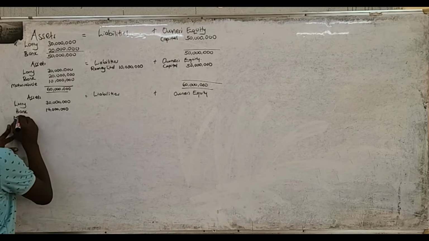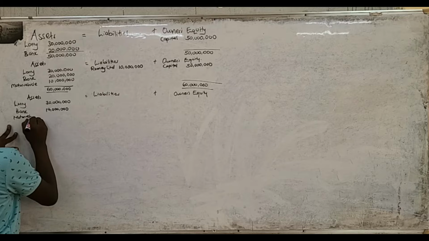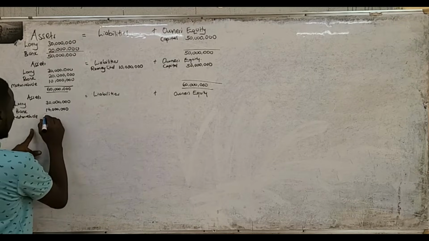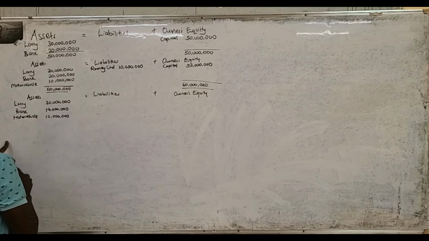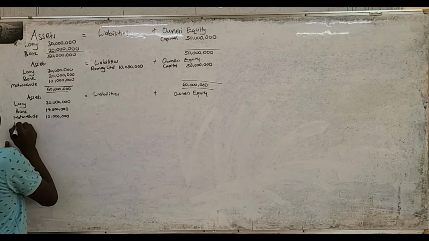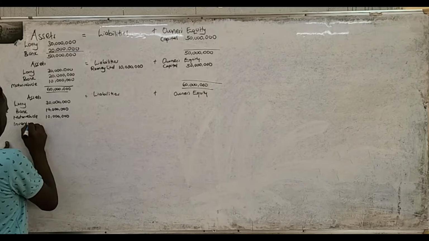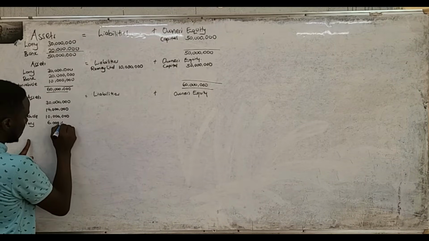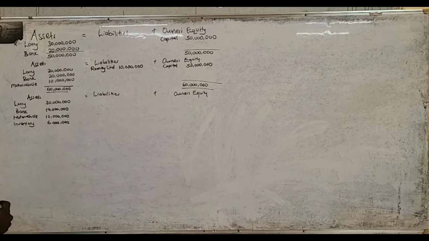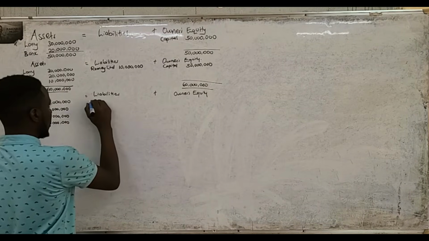Then we shall have our motor vehicle, and that motor vehicle is 10 millions. And then we are going to bring in our inventory. And our inventory is 6 millions. Like that. So this side nothing was changed.